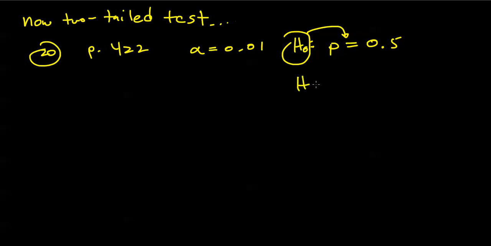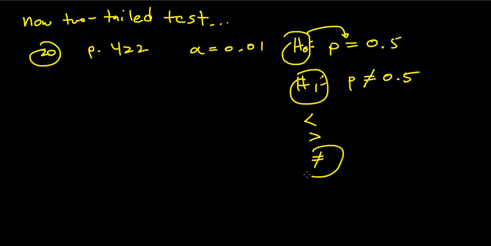Well, it doesn't tell us directly what H1 is, but if they claim H0 is the statement P equals 0.5, that means we have to allow for being either high or low. So I'll write down H1 is the claim P is not equal to 0.5. Remember, H1 is always either a less than, greater than, or not equal to statement. And by implication here, it's a not equal to statement, and if your H1 sign is not equal to, then we have what we call a two-tailed hypothesis test.